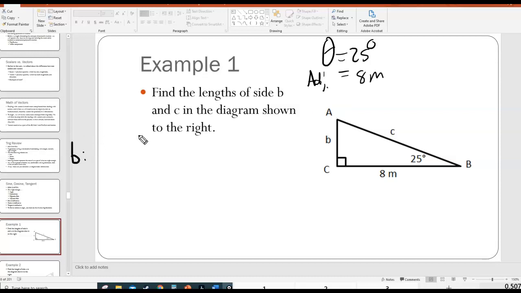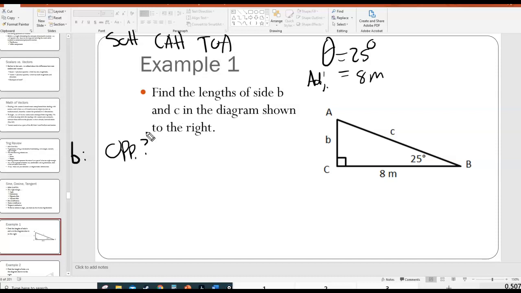And to find B, which is the opposite side, let's say opposite side is my unknown, I need to find the trig function that has opposite and adjacent. So I think SOH CAH TOA.